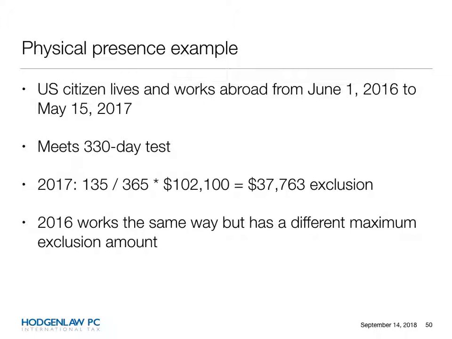For 2017, we would count the number of days abroad, 135 days, divide that by 365, and multiply by the 2017 maximum exclusion amount of $102,100 to equal the prorated amount that can be excluded for 2017. So for 2017, this person can exclude up to $37,763 in foreign earned income on their tax return. The 2016 portion works the same way, except the maximum exclusion amount to multiply by is different.